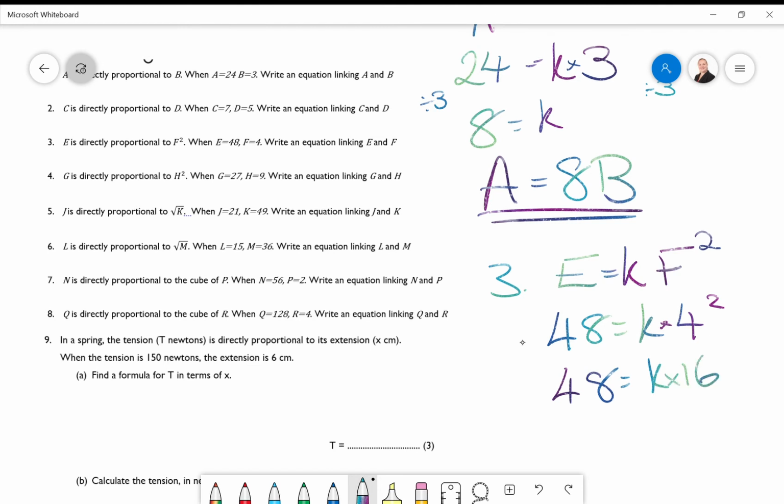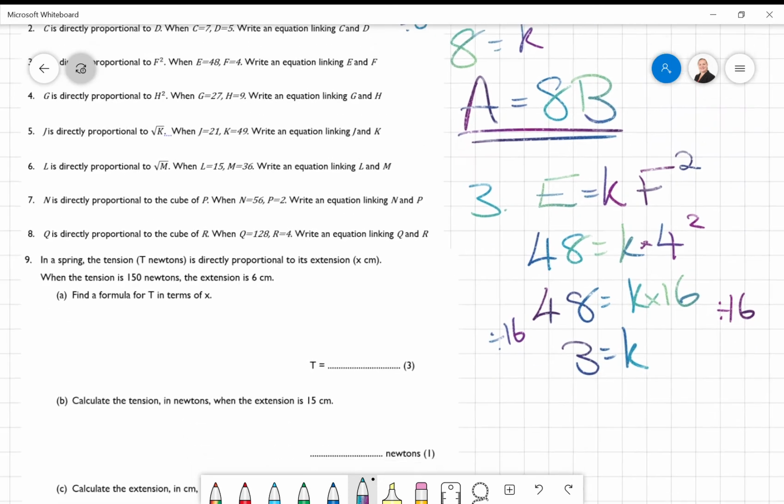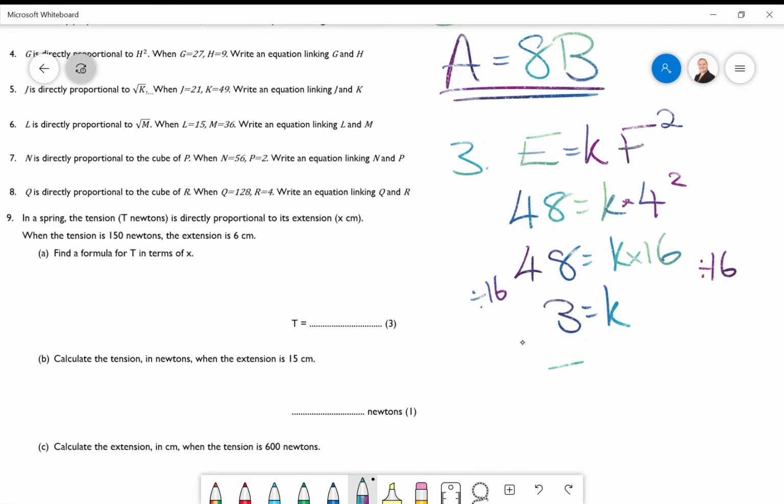To get k on its own, I divide both sides by 16. 48 divided by 16 is 3. So that means that k is 3, which means that E is always 3 times f squared. And that's the formula that links E and f.